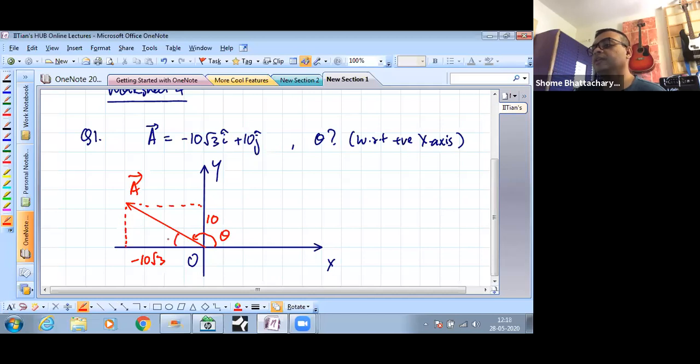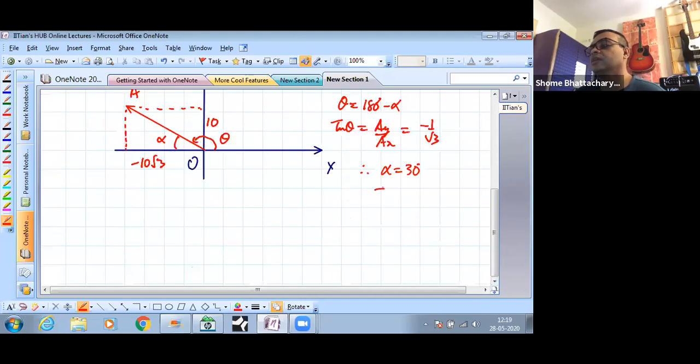And if we take this angle as alpha or something, you can say theta is equal to 180 minus alpha, such that tan theta is Ay by Ax. So that is minus 1 by root 3. Okay. So therefore you can see that alpha must be equal to 30 degrees. So theta is equal to 150 degrees.